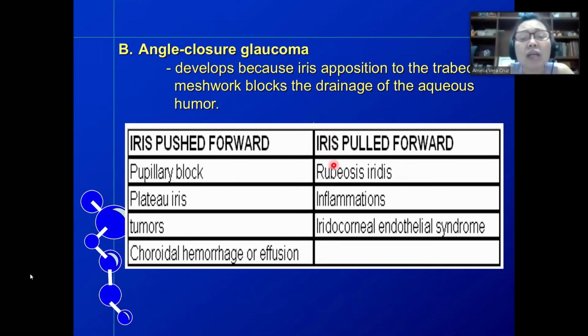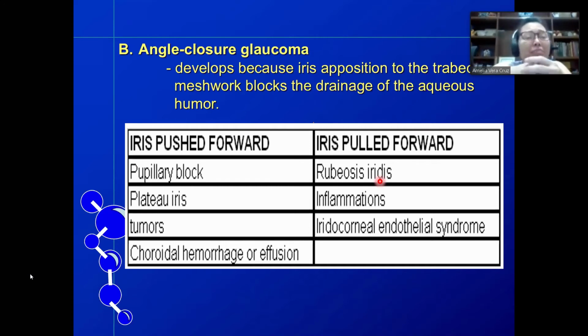Now, these are actually neovascular formation. These abnormal vessels, they will usually leak. Okay, so the inflammatory cells and your red blood cells will go out from this. So the inflammation caused by this will now cause retraction of the iris.